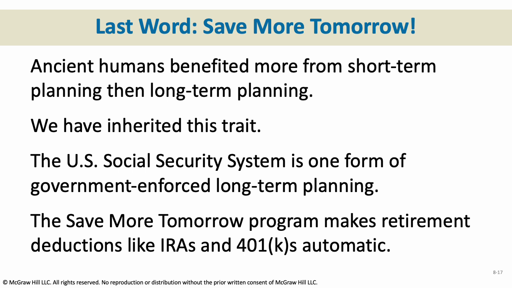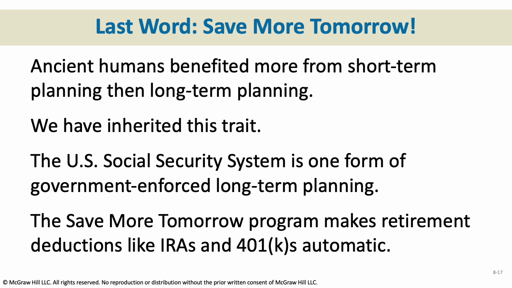If you have some form of a retirement account, you're doing better than a lot of consumers, because a lot of consumers don't actually do this. And then by the time they realize they need to save money for retirement, they're probably getting close to retiring, and then it becomes a problem. So things that we've done, things such as Social Security, that's one form of government-enforced long-term planning.